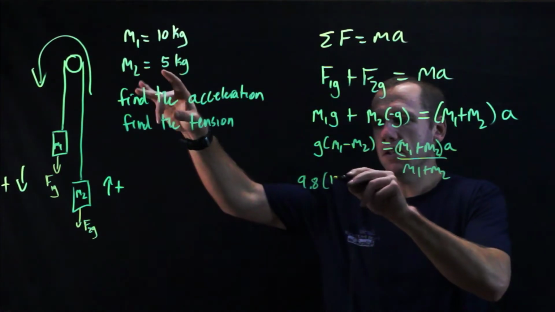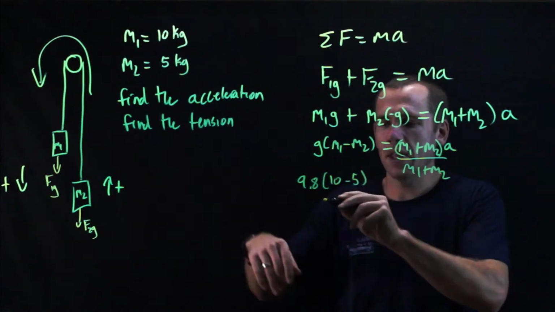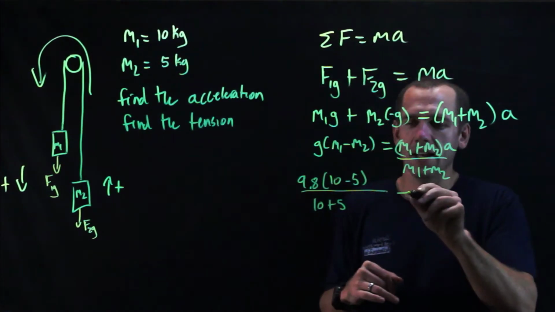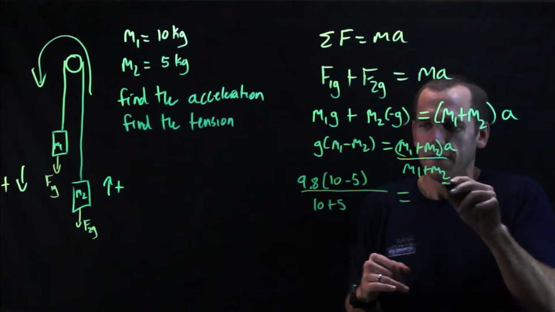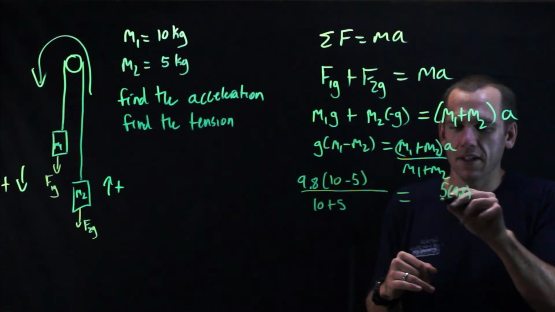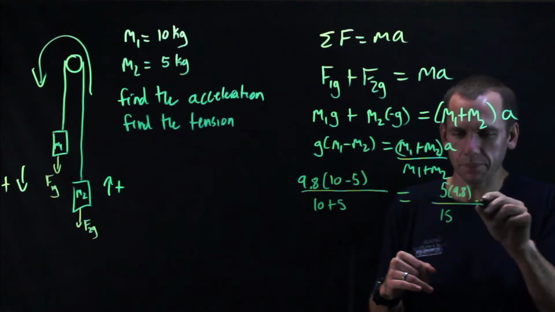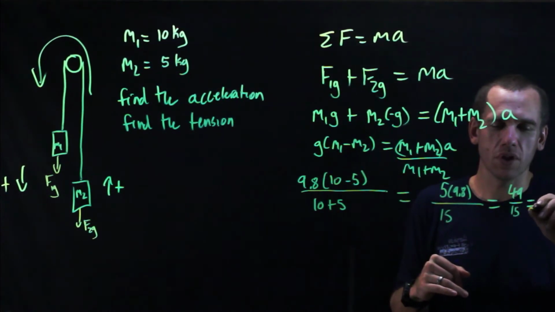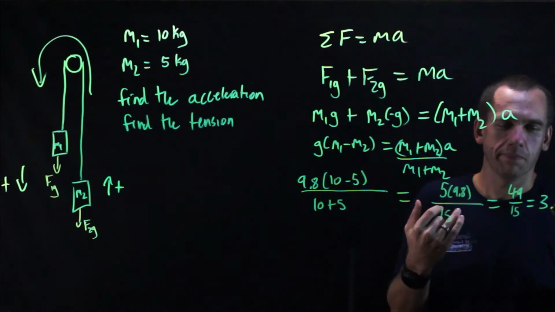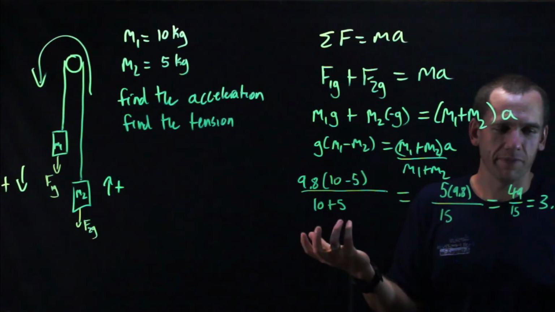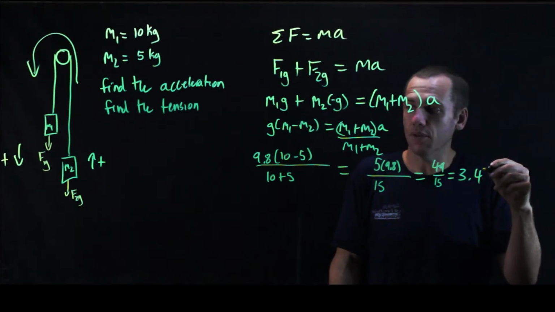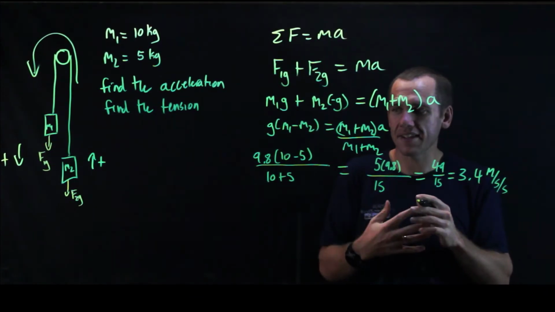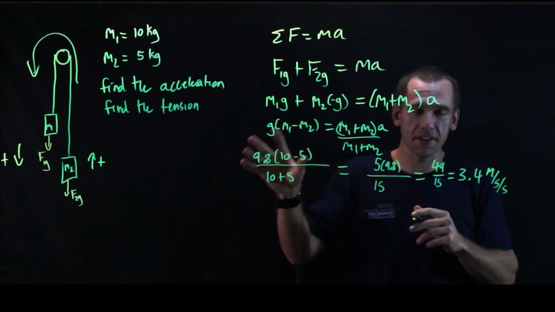Well, M1 is 10, M2 is 5, divided by 10 plus 5. And so I've got 5 times 9.8 divided by 15, or 49 divided by 15, which equals 3.4-ish. Okay? And of course that is meters per second per second. That is the acceleration of the system.